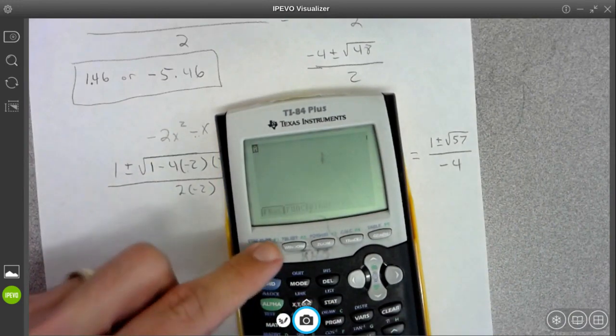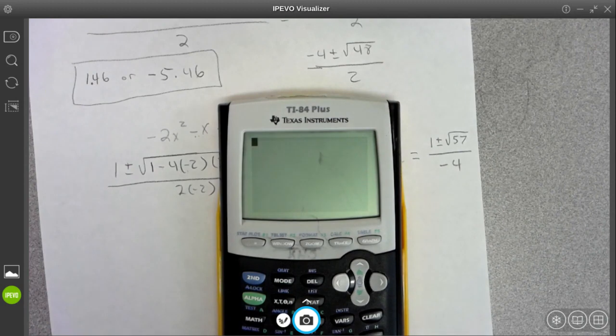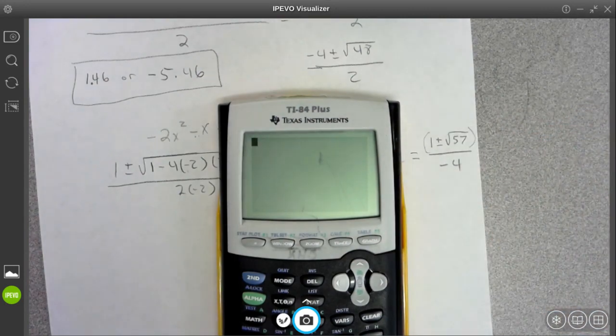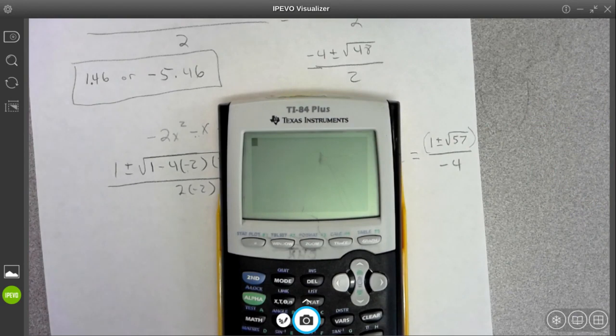So you could do the alpha y equals to type that in. I'm going to go ahead and show you the other way. You could wrap the top in a parenthesis right here. That way your calculator is going to do all of this divided by -4.